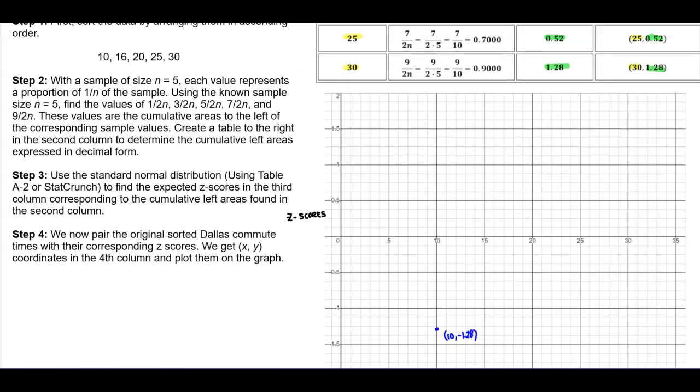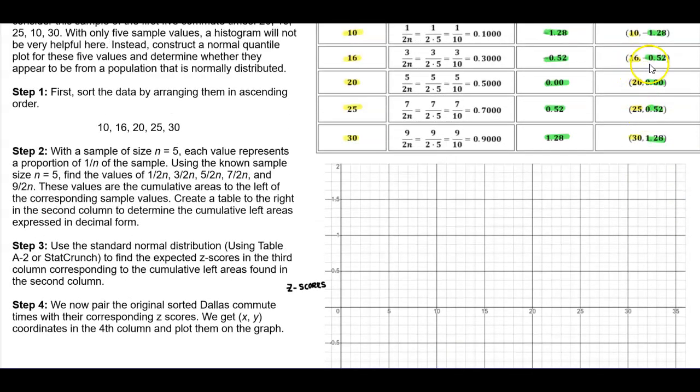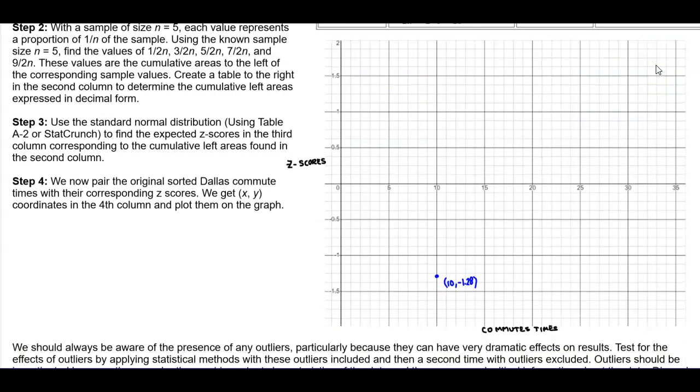Okay, the next ordered pair is 16 and negative 0.52. So we have 16, and then we're going to go to negative 0.52. So that'd be somewhere around here. And so therefore this is going to be 16 and negative 0.52.